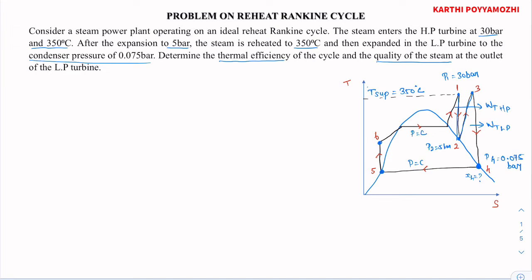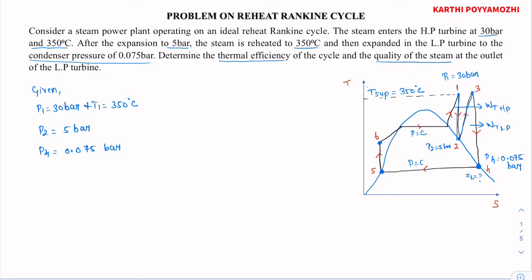Okay. Given from the question, we have P1 is equal to 30 bar and T1 is equal to 350 degrees Celsius, and the value of P2 is equal to 5 bar, and we also have the value of P4 is equal to 0.075 bar.